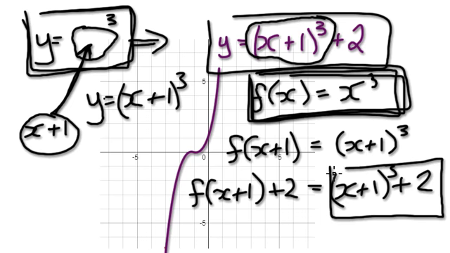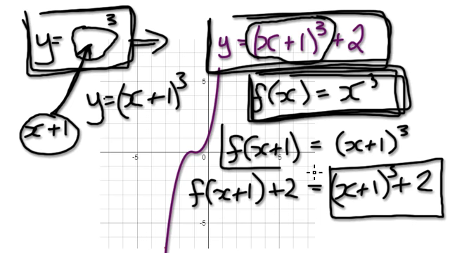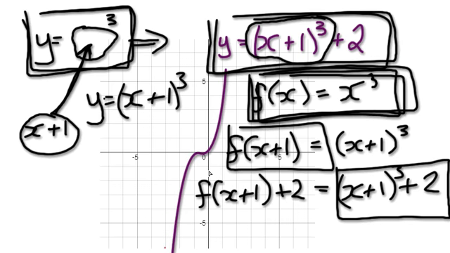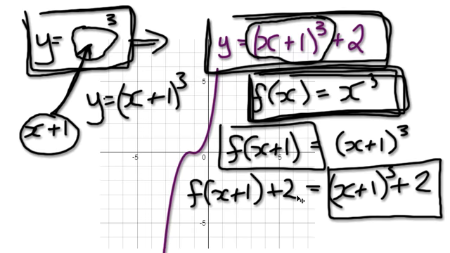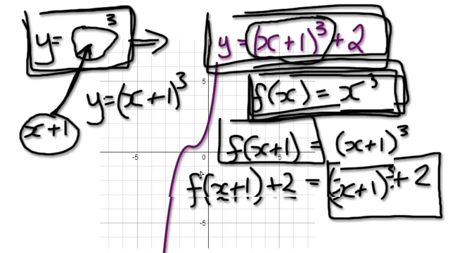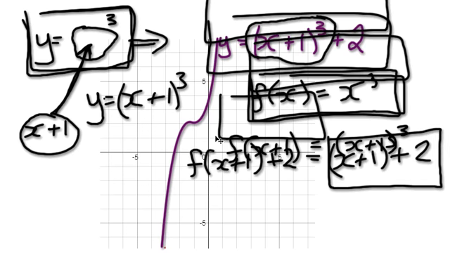You see, this bit here is exactly the same as this bit here. So applying this transformation moved our graph from here to over here. Now adding 2 would move it up to here. So our graph is now here. So the answer is this line here.